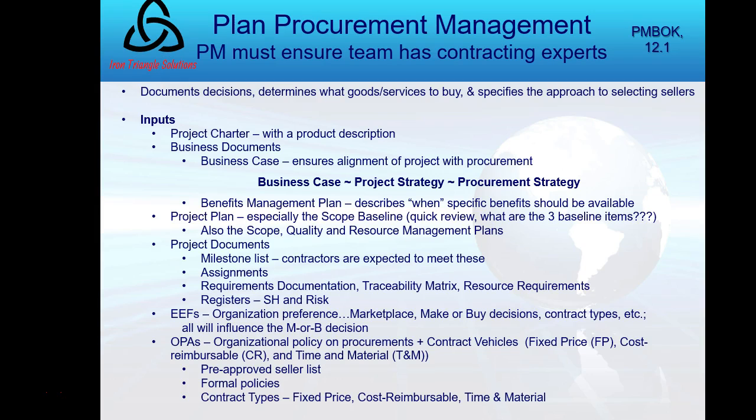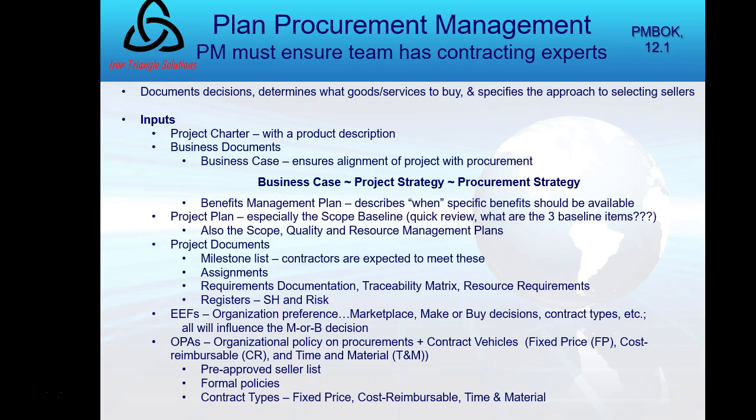Project documents are listed there, and they are clearly articulated in the PMBOK Guide. I just want to point out that one of the project documents is the requirements documentation, and that this is about describing how individual requirements meet the business need, just as a quick review.